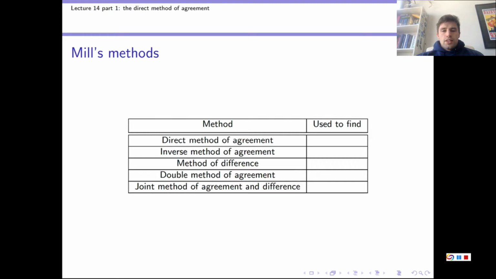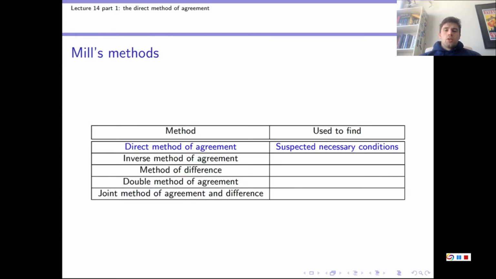Now we'll fill in this table as we move through the videos about the different methods. The names of the methods are what you can see there. I don't, at this point, want to overload people with things to remember about stuff that we haven't met just yet. So what we'll do in each video is introduce the method, say what it's designed to do, so we'll fill in that right-hand column in the table one by one, and then go through an example or two of how each method works in practice.